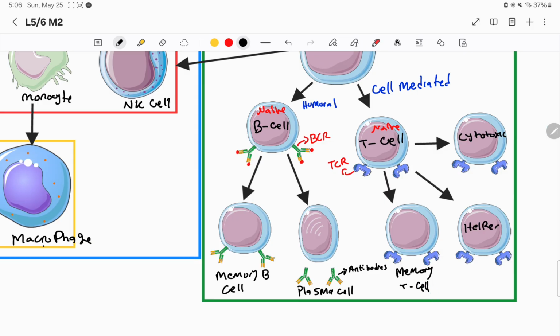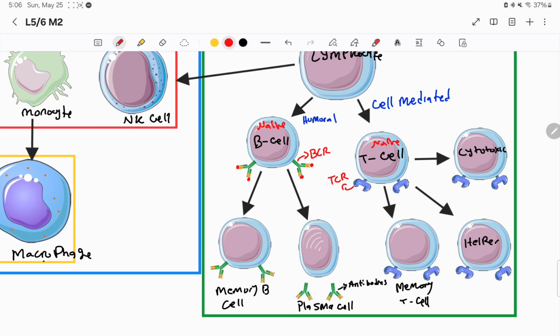Now, sometimes you might see cytotoxic T cells be called CD8 positive, and helper T cells be called CD4 positive. CD4 and CD8 are just proteins that are present on the surface of these T cells. So, for example, this right here, this right here, this right here, these are all CD8s.